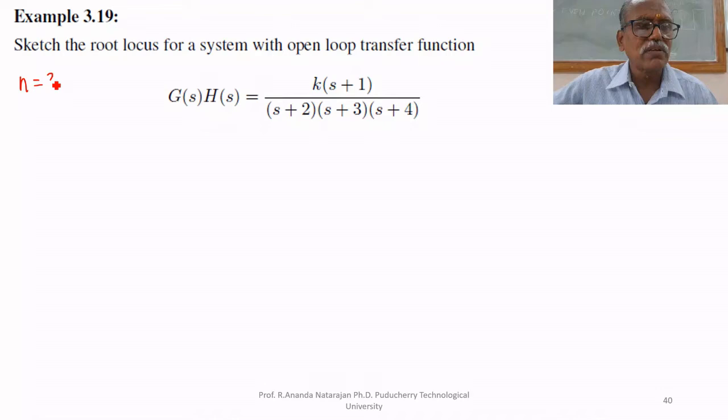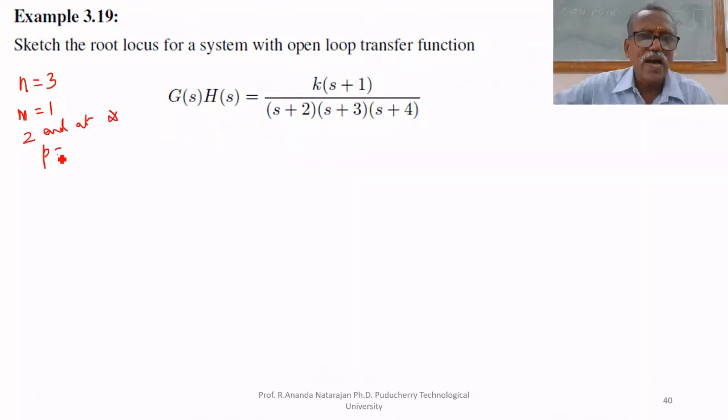The remaining 2 will end at infinity. What are the poles? Poles are -2, -3, -4. Zero is at -1.